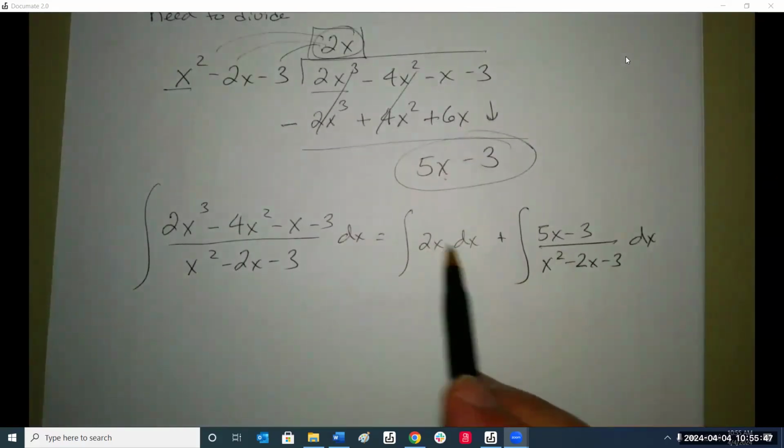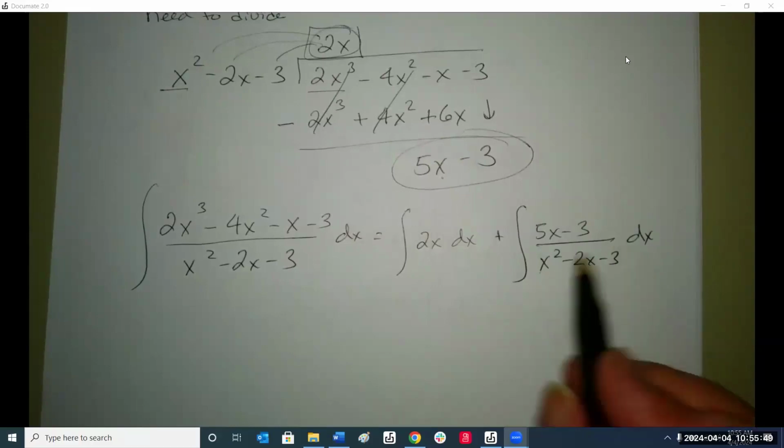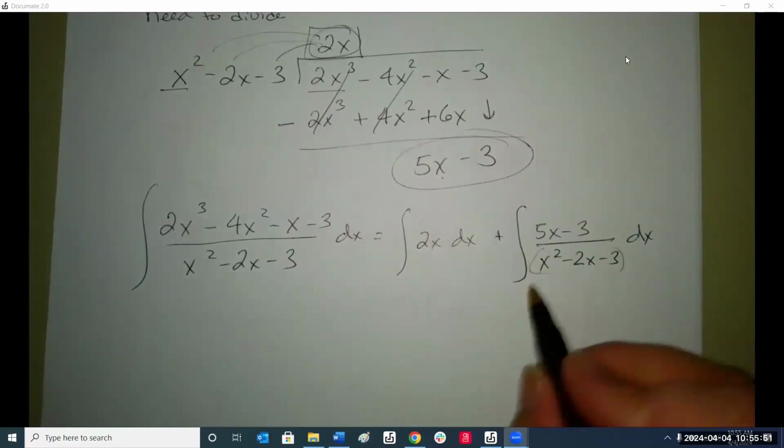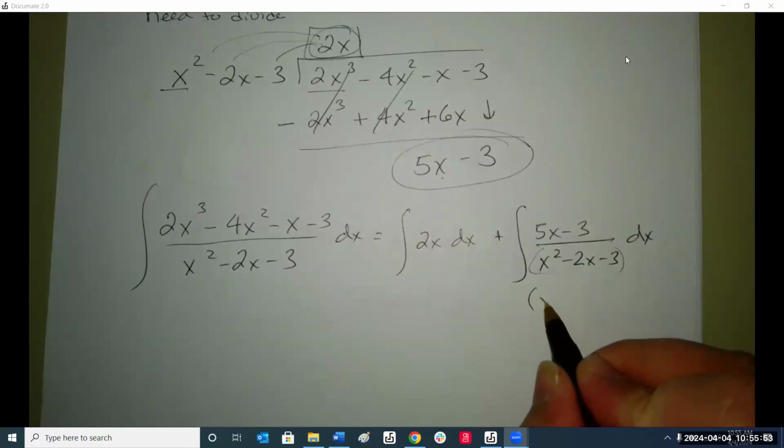That one, the 2x, I leave alone. For this one, I've got to factor it if possible.